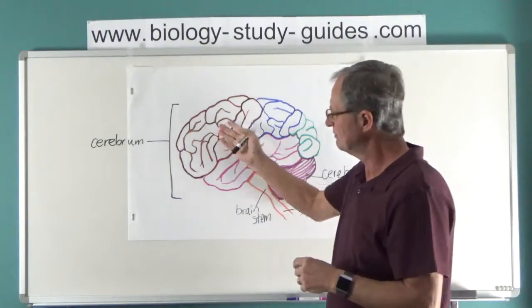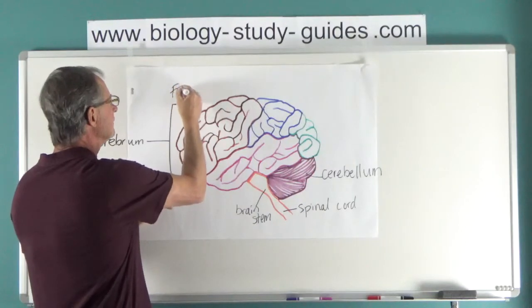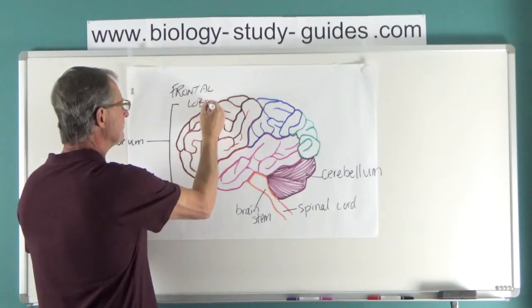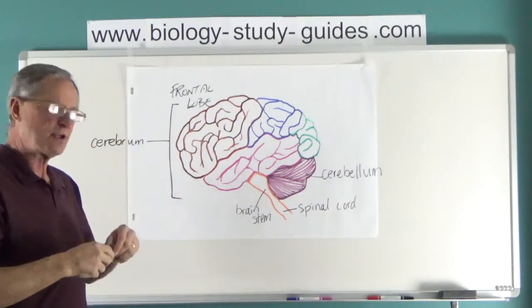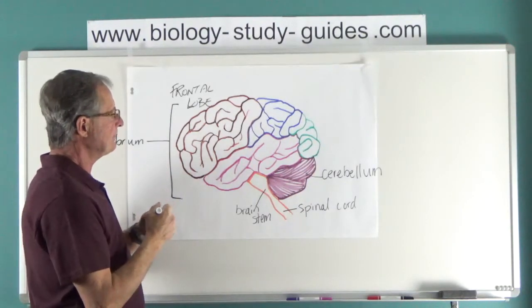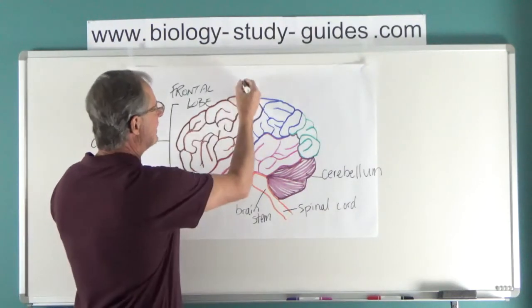This first area here is called the frontal lobe. The frontal lobe is very specialized for things like integrated thought, and it has a motor area and a sensory area right here. So this is a sensory area.